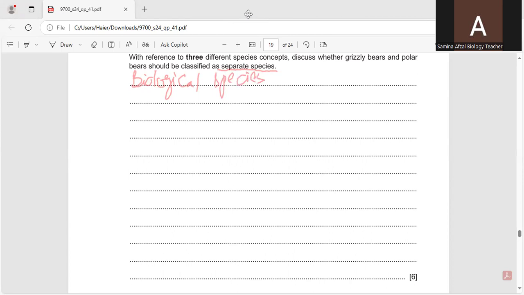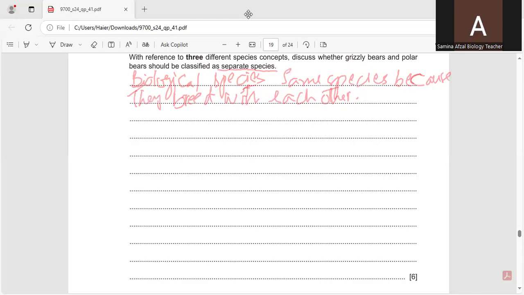We consider them the same species, biologically the same species, because they can interbreed with each other to produce a hybrid.